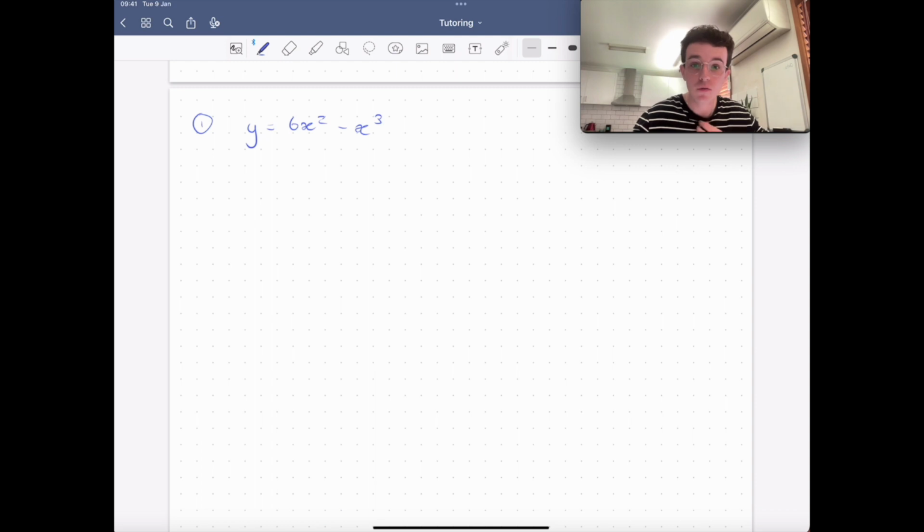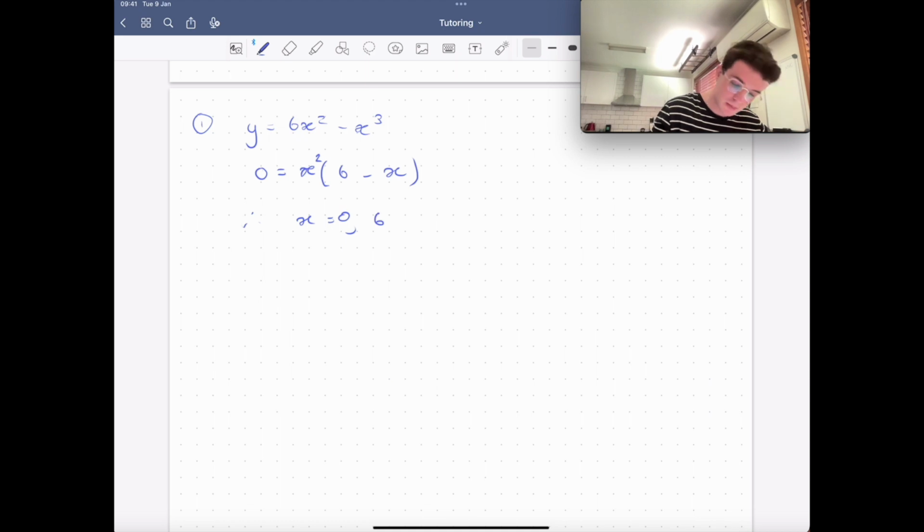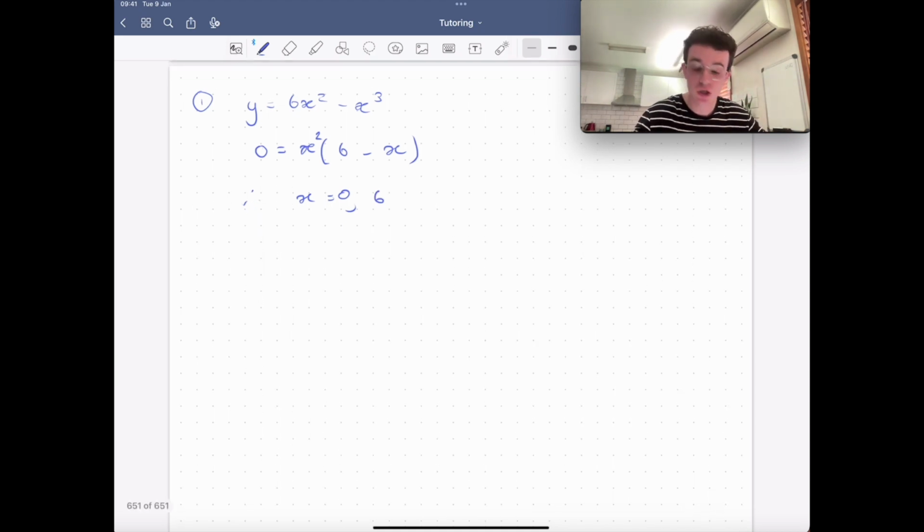So the first thing we want to do when we're curve sketching is find its x-intercepts. So we're going to set y equal to 0. We can take out an x squared actually, x squared times (6 minus x). So therefore, my x-intercepts are at x equals 0 or 6. Now we want to find my stationary points.